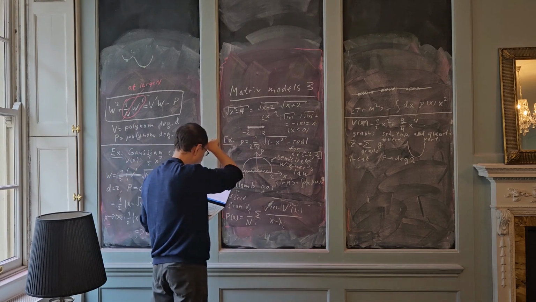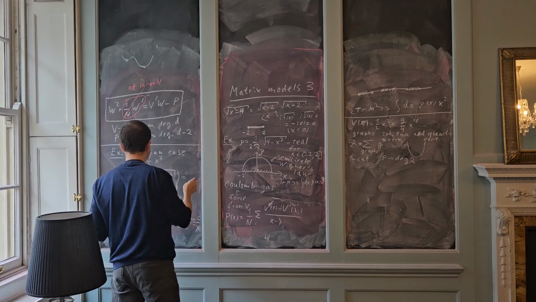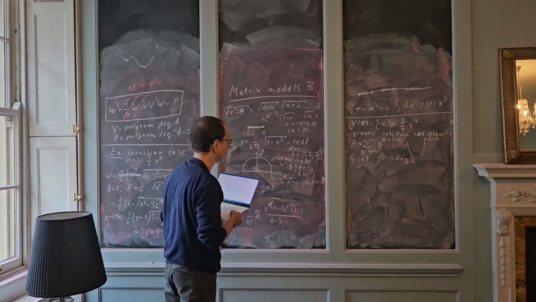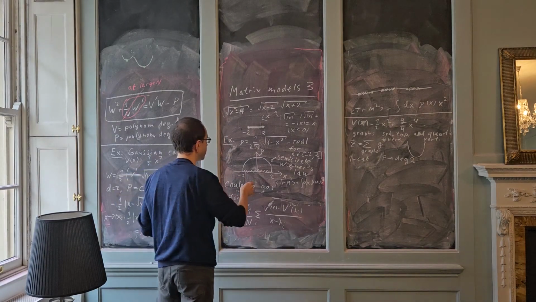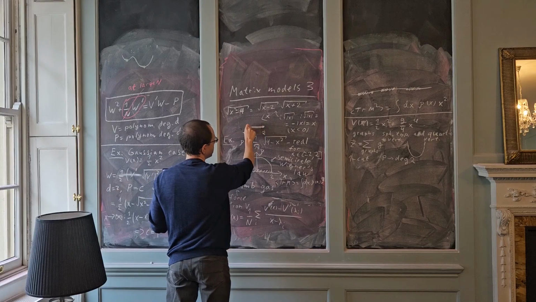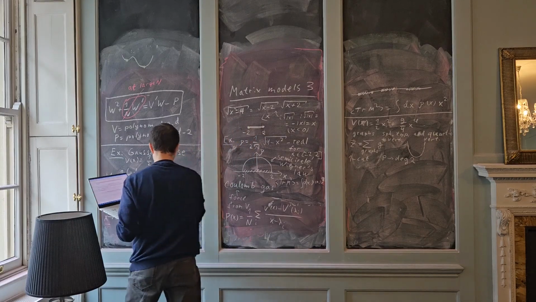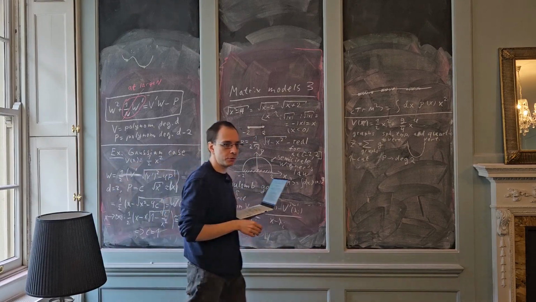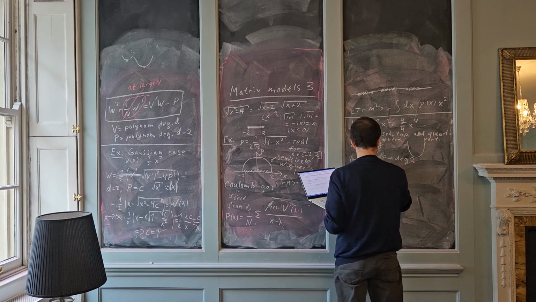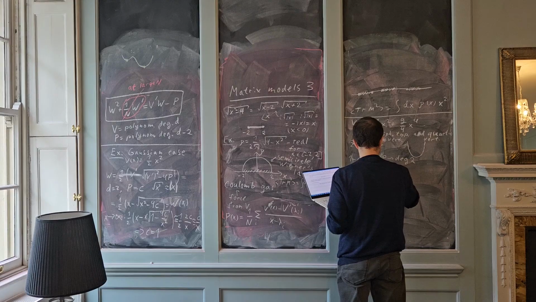Since the potential itself is even, this resolvent is going to be an odd function. Like here, the potential was x squared, and the resolvent had this branch cut: it was x plus square root. So here, W will be an odd function.